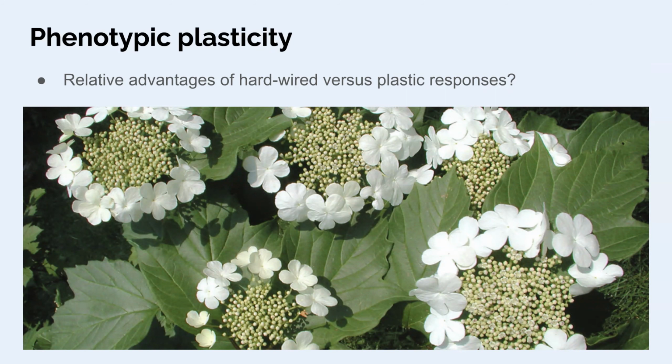Sometimes there's an advantage to having a format that changes depending on your environment. So maybe I'll just leave this open for thought: which one might be more or less advantageous? For example, if you had flowers that changed depending on resource availability, that might impact your ability to get visited by pollinators. So maybe it's valuable to be able to keep making the same kind of flower, no matter how your resources are doing.